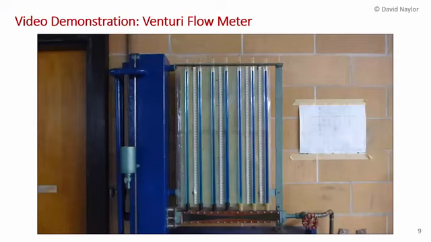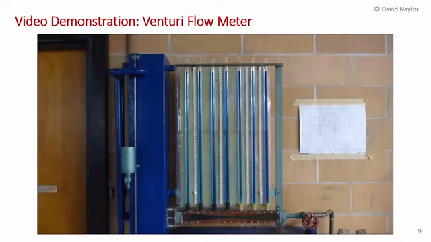Next, I'm going to show a short video presentation of lab number 4, the Venturi flow meter. And after I've shown this video, we're going to look at the analysis of the hydraulic grade line and the energy grade line for this actual flow.